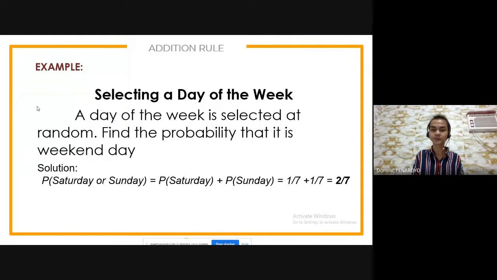So the probability that it is a weekend day, Saturday or Sunday, since that's all the weekend we have, is 1 over 7 for Saturday plus 1 over 7 for Sunday, which is equal to 2 over 7. So the answer for this example is 2 over 7.